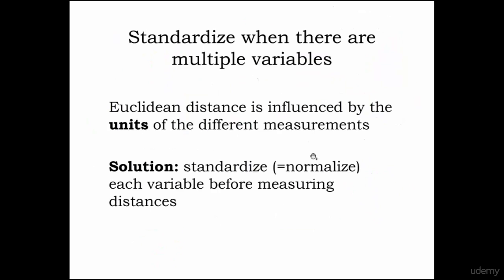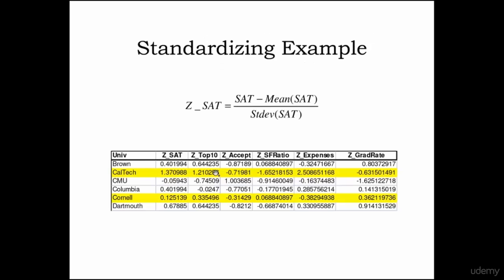So we standardize or normalize each variable before measuring the distance, because Euclidean distance is influenced by the units of the different measurements. Here we have the formula for z, which is z is equal to x minus mu by sigma. Then you're standardizing the data here.